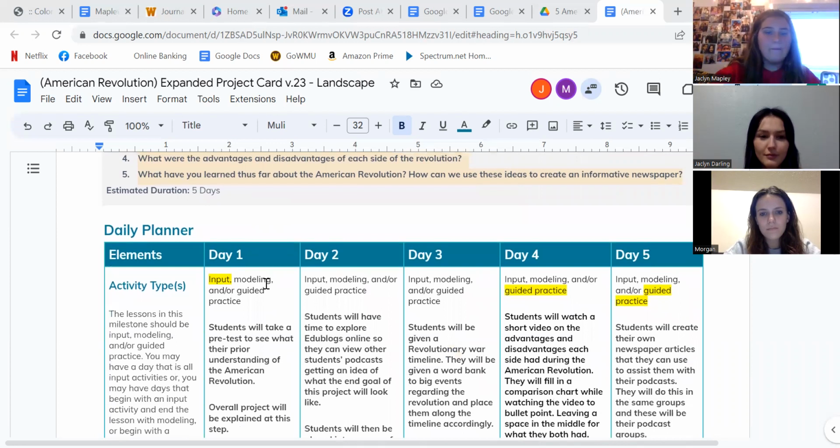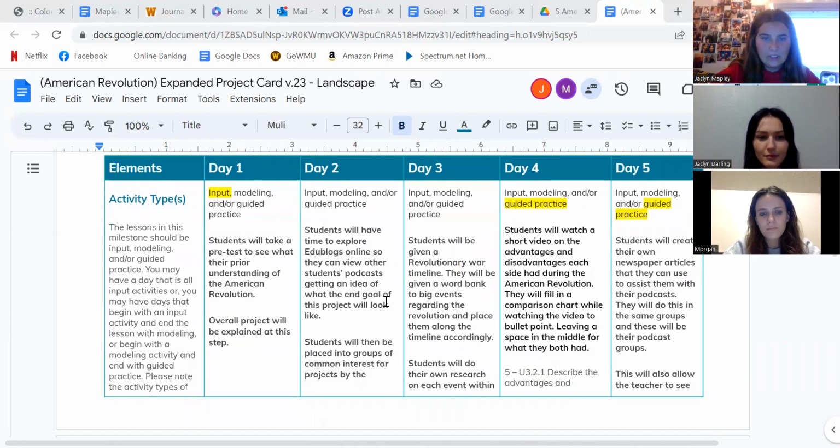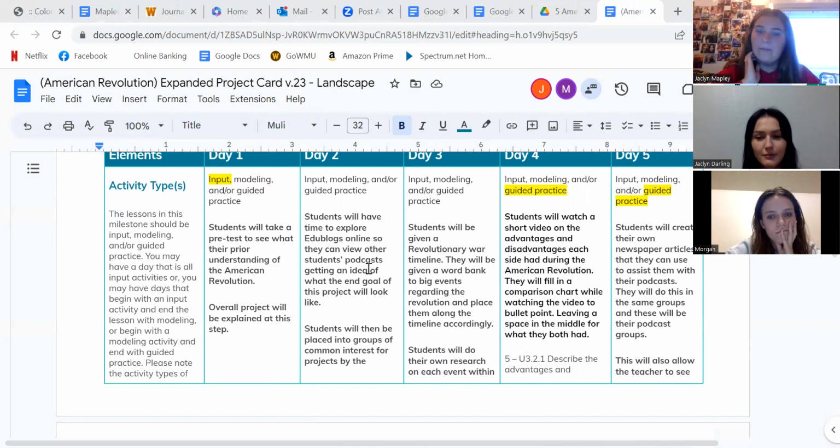So then each day: on day 1, students are going to take a pretest. On day 2, students are going to explore Edublogs online just so they can get used to the website and already be looking at it. Then they'll be placed into groups by common interest for the project. On day 3, students will be given a Revolutionary War timeline so they can map out the specific dates and be more aware of when the events happen.